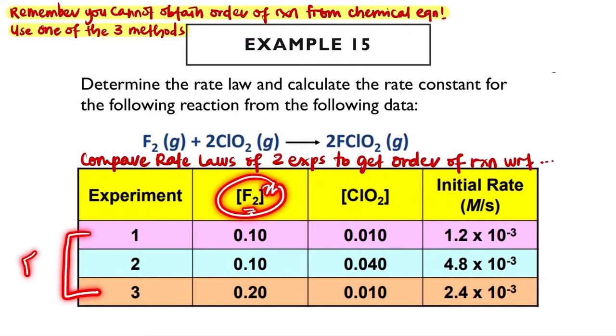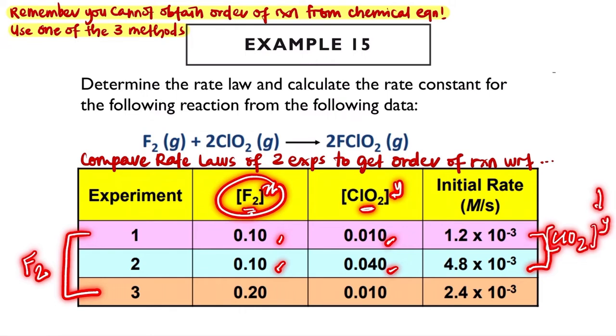Next, when I want to find the order of reaction Y for ClO2, I will pick the F2 concentration that is the same and the ClO2 concentration that is different. Here the two are different, and this one is the same, so I will pick these two to compare. This one is to find Y, and this one is to find X.